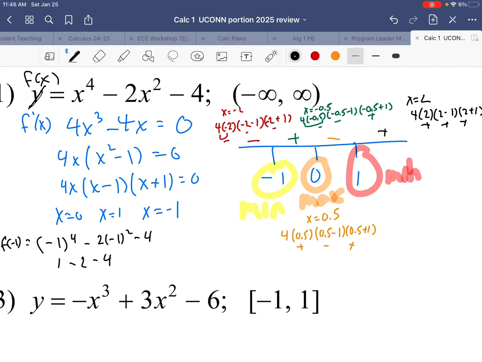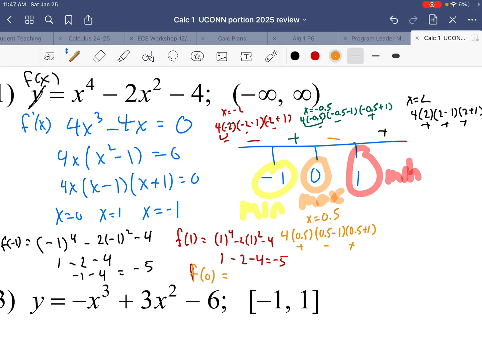This is going to be -1 minus 4. We get -5. And then at +1, 1 to the 4th minus 2 times 1 squared minus 4. Same thing, 1 minus 2 minus 4. I get -5 again.